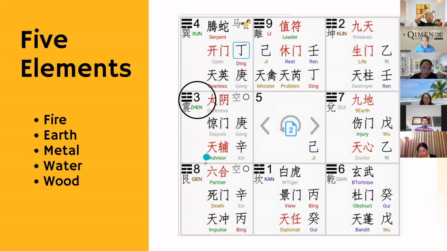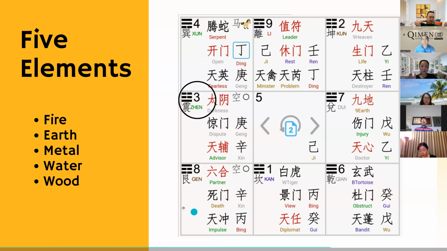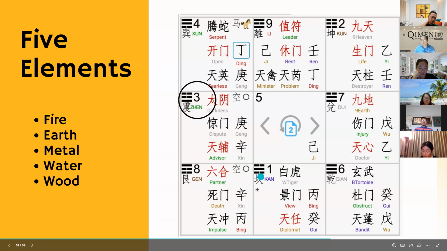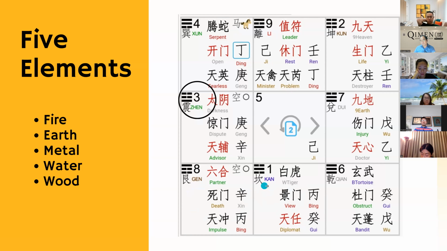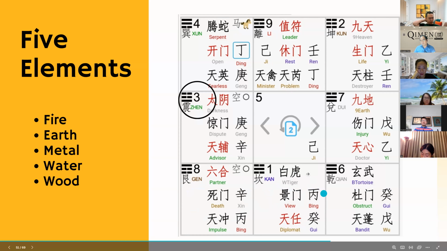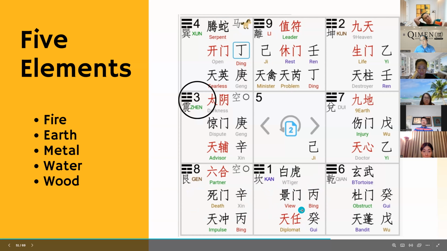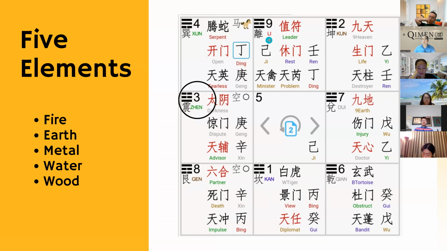Moving downstairs to 8, you see a brown color, which means an earth element. Moving on to 1, you see something like a purple color, maybe something like this, this is water. And then here we have the Li, which is a bit not easy to see. It's red color, and red stands for fire.